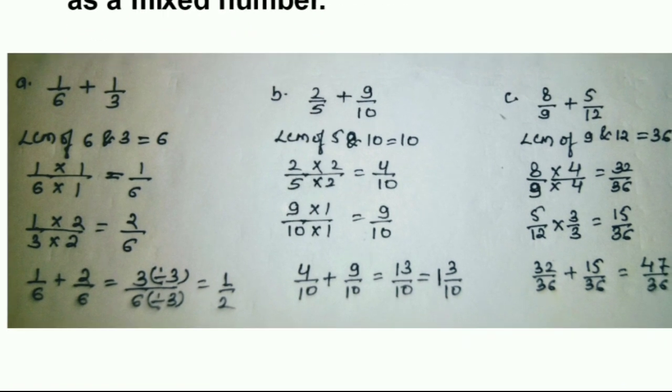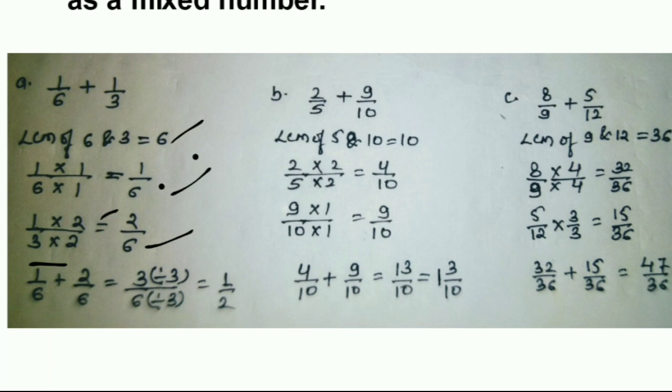1 by 6 plus 1 by 3. So in this one, the same thing we will do first. First find the LCM. Okay, after finding the LCM, this 1 by 6 remains 1 by 6 because the LCM is 6. This 1 by 3, it means in this 3 table, we have to multiply by 2. We get the 6 denominator. So here also multiply by 2.